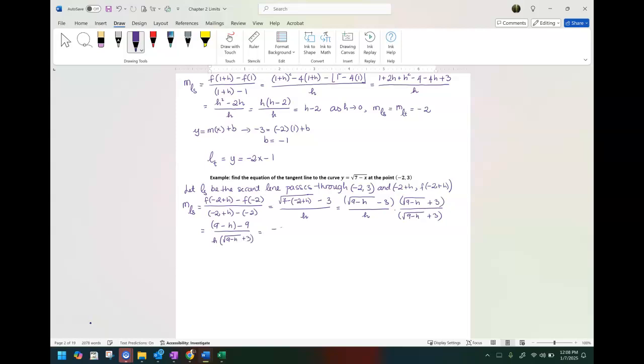The numerator becomes negative 8. This simplifies to negative 1 over square root of 9 minus 8 plus 3. So as 8 goes to 0, the slope of the secant line becomes negative 1/6.